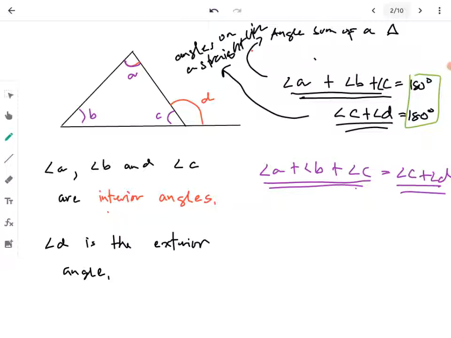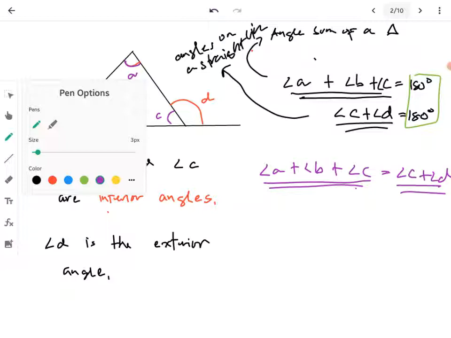Now look at both sides. They both have angle C, so we can remove angle C. Remember, an equation is just like a balance beam or a weighing scale. When we remove something from the left, we must remove the same quantity from the right.